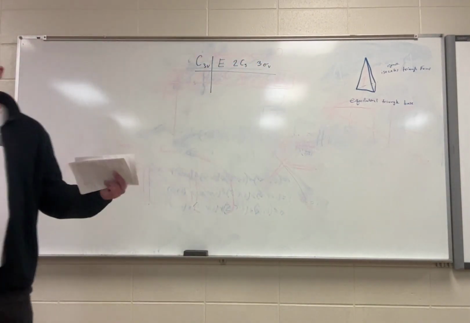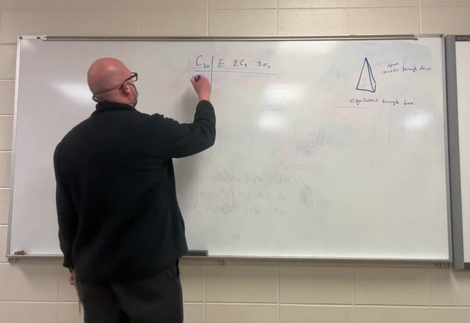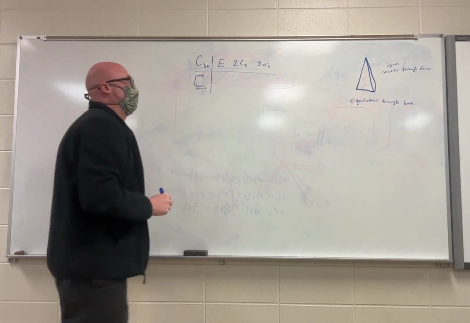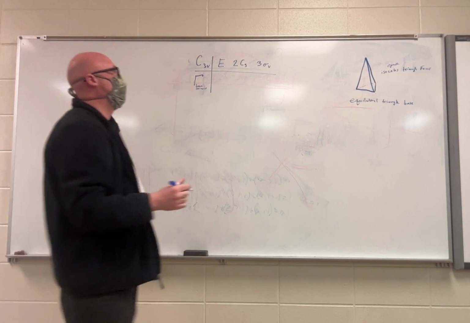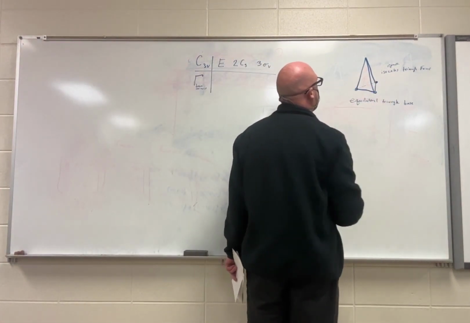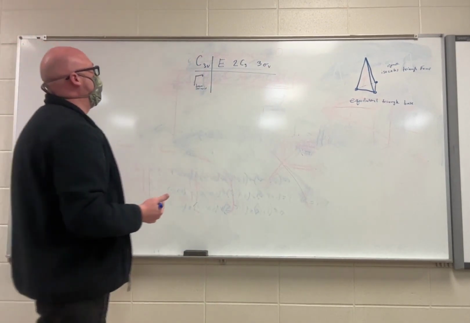Or we could just take the 3 corners at the base as a basis for a representation. Base corners. And since there are 3 points, this will be the basis for a 3-dimensional representation. Okay?